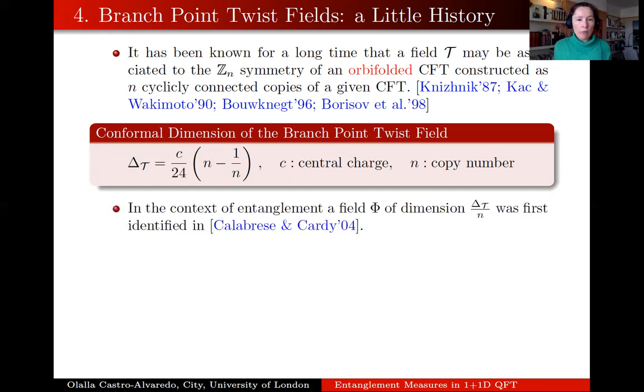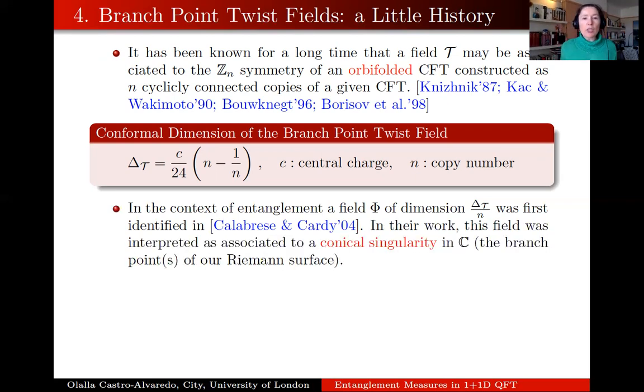Then in 2004, Calabrese and Cardy wrote a very famous, very much cited paper about entanglement entropy in the context of CFT. They identified a field, which they call phi, of a dimension similar to this, but not quite the same. Their dimension was delta divided by n. They interpreted this field as associated to conical singularities in the complex plane.